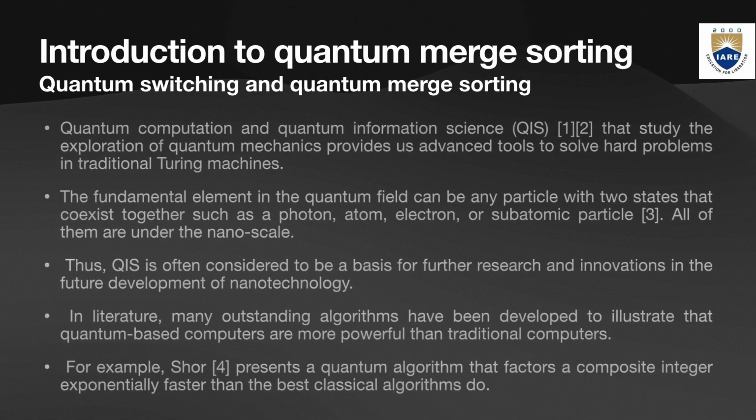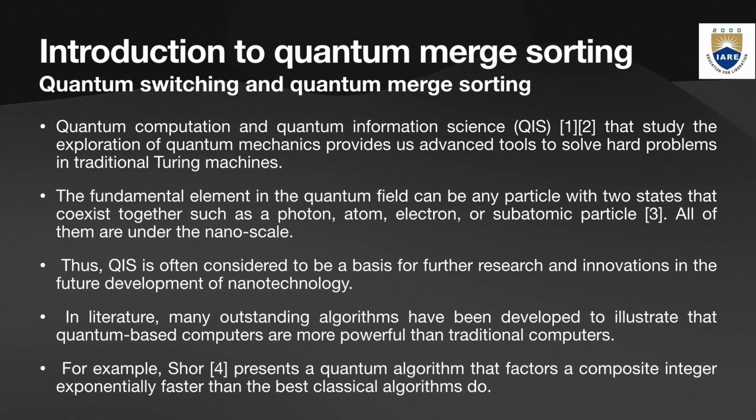So now let's talk about the introduction of quantum merge sorting. Quantum computation and quantum information science, QIS, study the exploration of quantum mechanics, which provides us advanced tools to solve hard problems in traditional Turing machines.